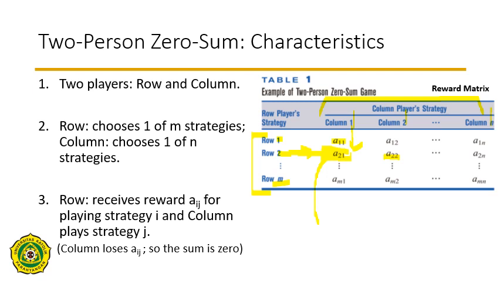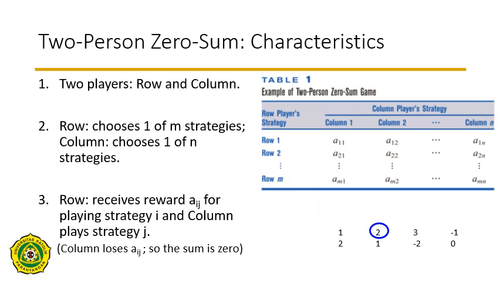So that's why it is called the zero sum game, because the sum is zero. This is the amount the row player receives, and this is also the amount that the column player loses. So one receives something and the other loses something with the exact same amount. That's why the game is called zero sum game.